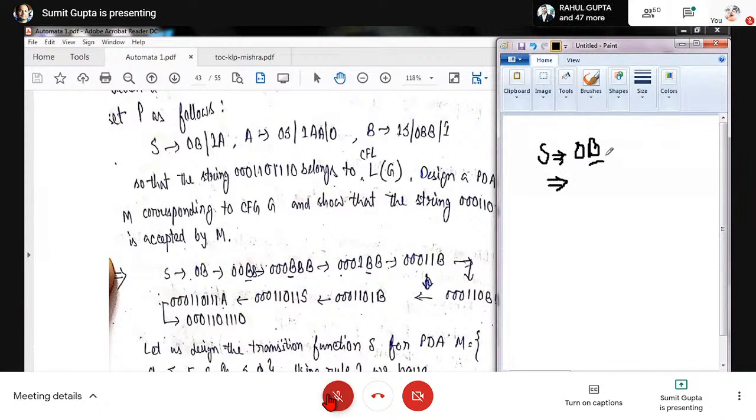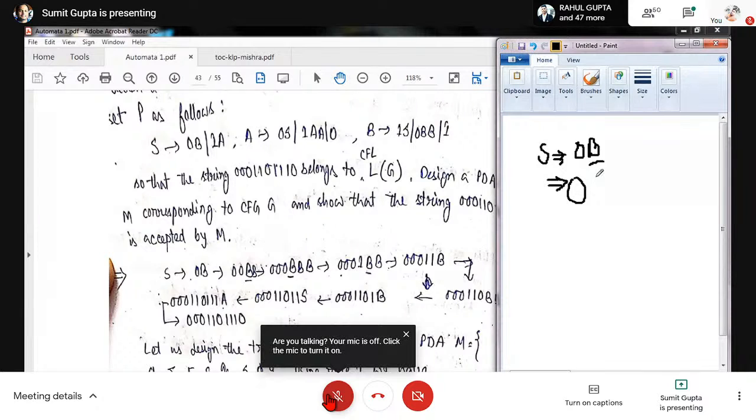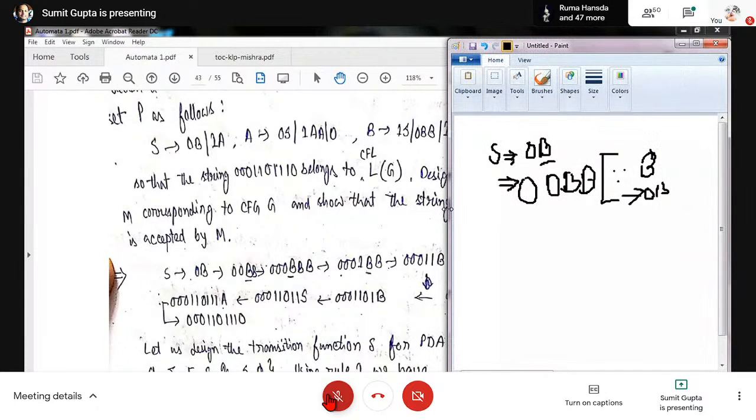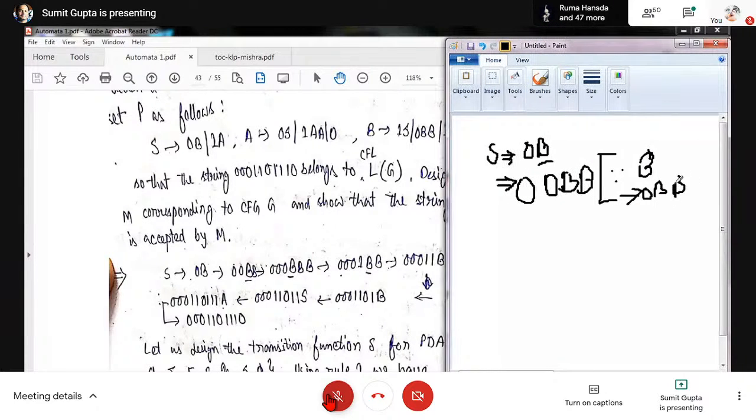So instead of 0B, we will write 0, 0, BB, right? 0, 0, BB. So which production are we applying over here? Since B gives 0BB, this production we are applying. B gives 0BB. Is this clear?